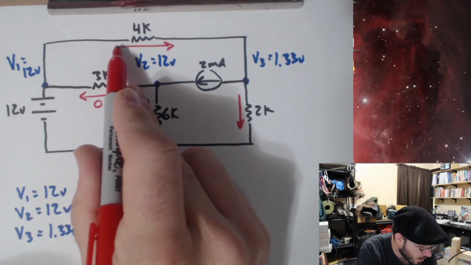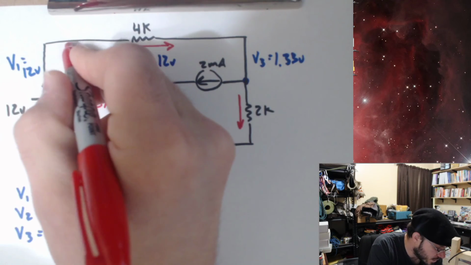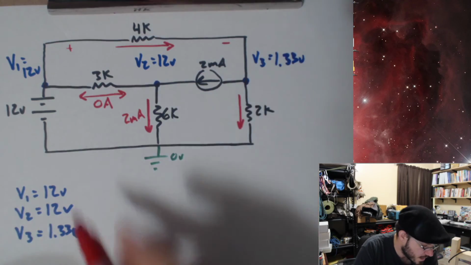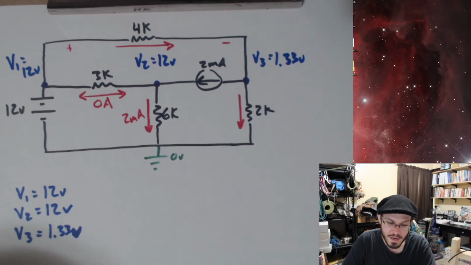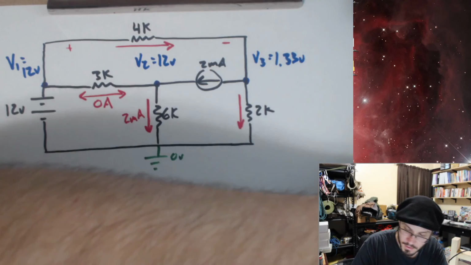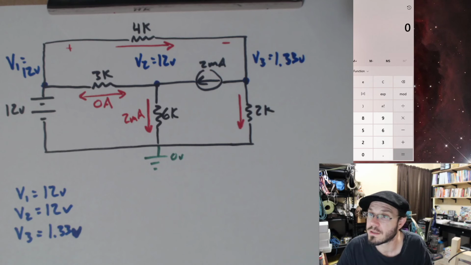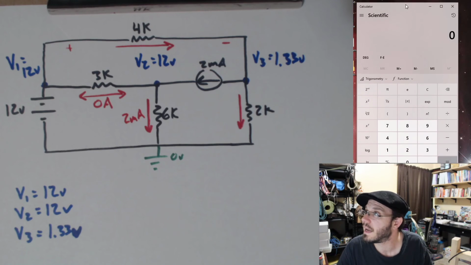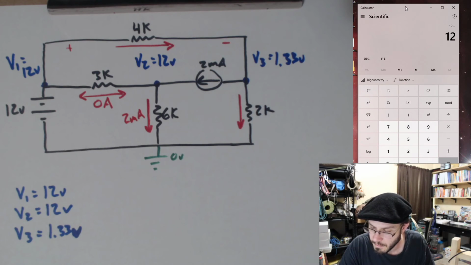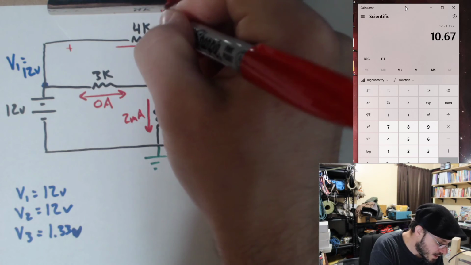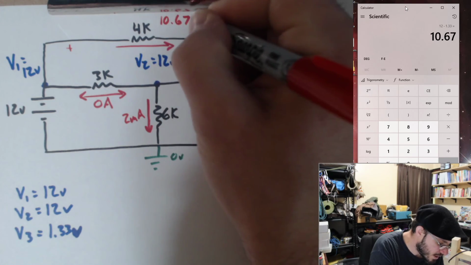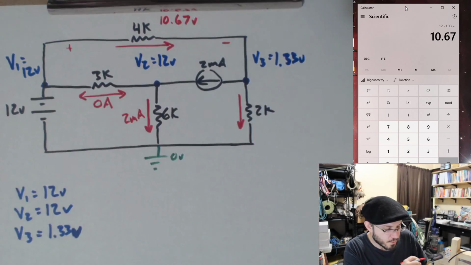Just tell yourself current goes from a higher voltage to a lower voltage and say plus 12 minus 1.33 volts. Let me calculate that out. 12 volts minus 1.33 volts gives me 10.67. So I have 10.67 volts across the 4K.